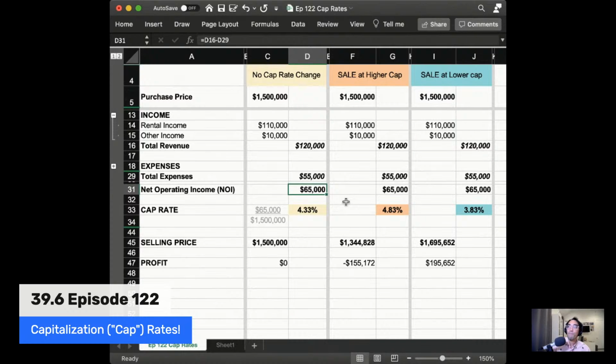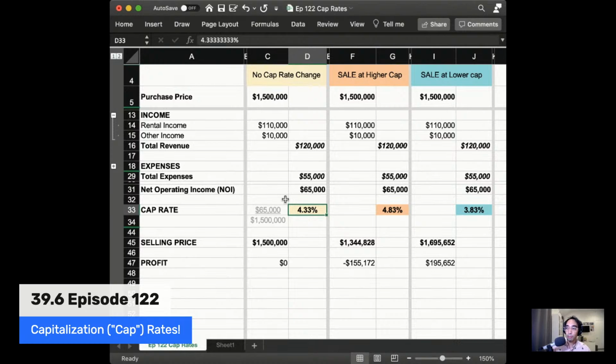Now, if you take that $65,000 and divide it by the purchase price of $1.5 million, that gives you the cap rate of 4.33%. So for example, somebody could be selling this property and they can show you on their trailing 12 months of income and expenses that the net operating income over the past year was $65,000.